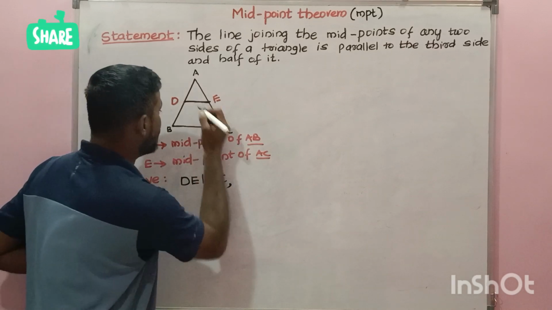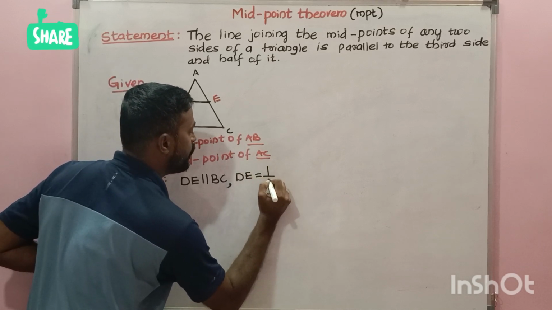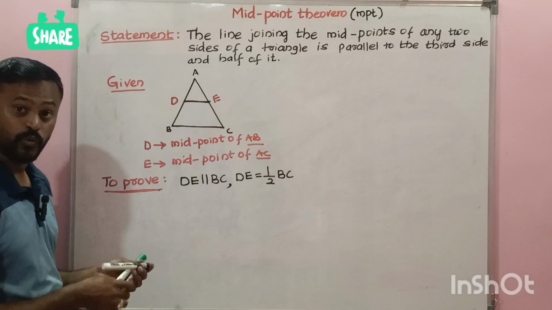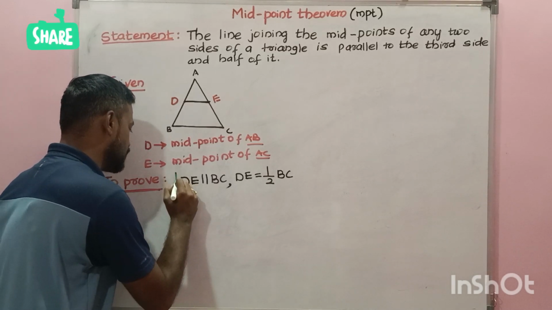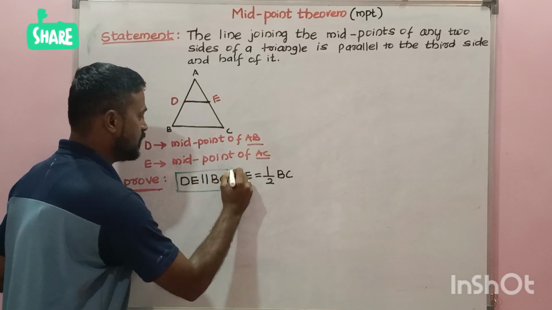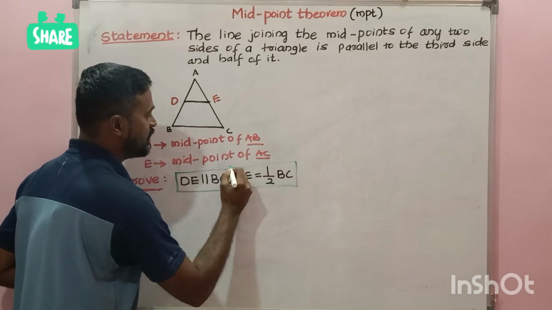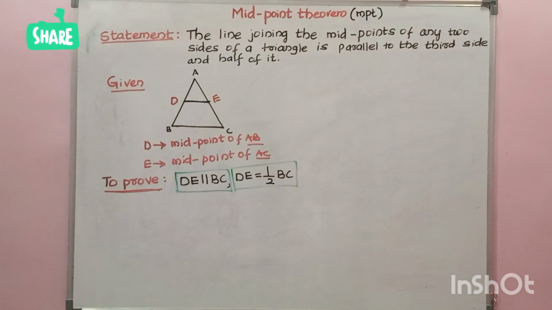Second, we need to prove DE is half of BC. So these are the two things we need to prove: DE is parallel to BC, and DE is half of BC. Now let us try to prove this. Proof.